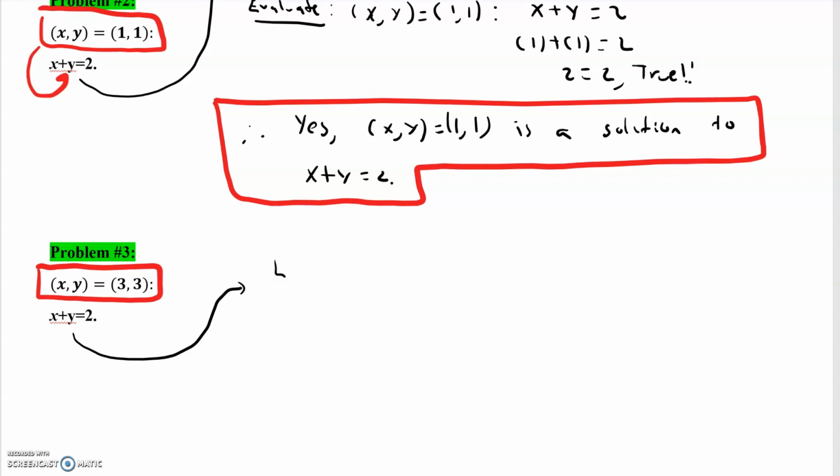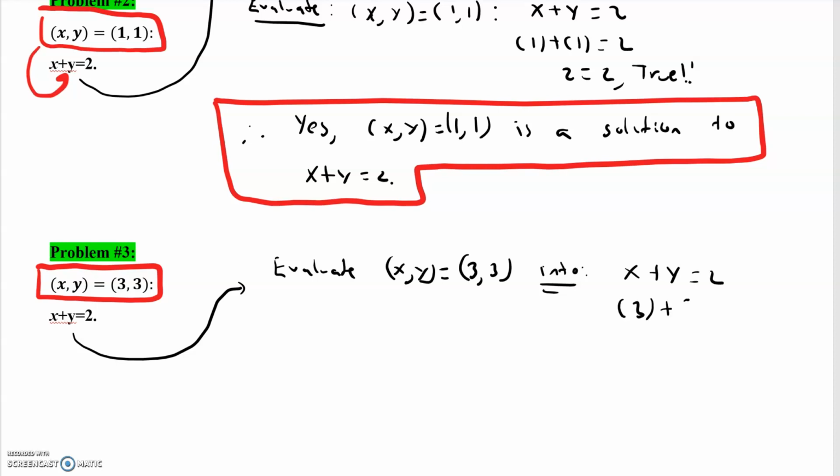So we're going to evaluate x comma y, which is equal to 3 comma 3, into x plus y is equal to 2, or 3 plus 3 is equal to 2, 6 is equal to 2, and this is false.